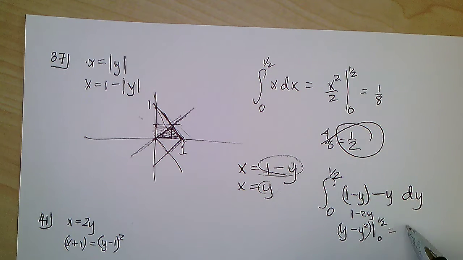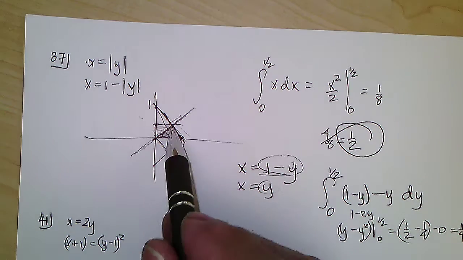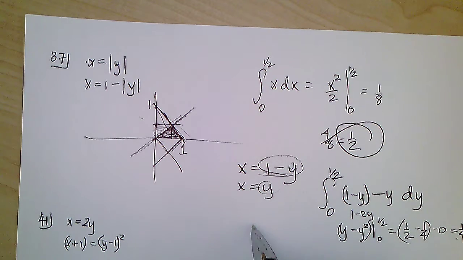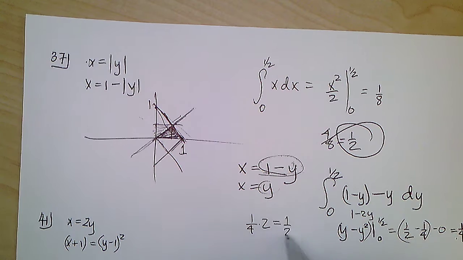So that would be 1/2 minus 1/4. And then putting in 0, we get 0. So 1/2 minus 1/4 is 1/4. That would be this, and then we'd have to double it. So 1/4 times 2 is 1/2.